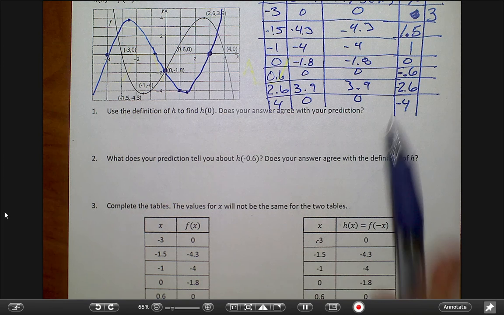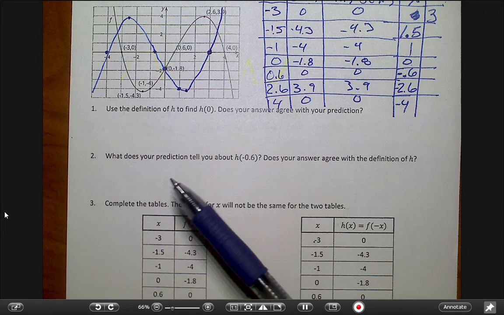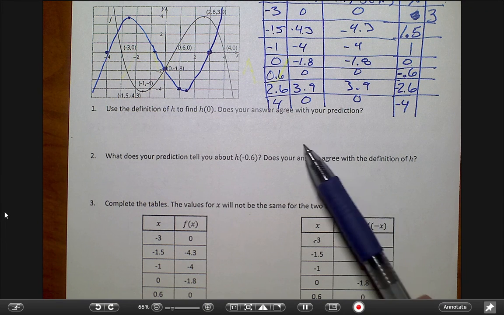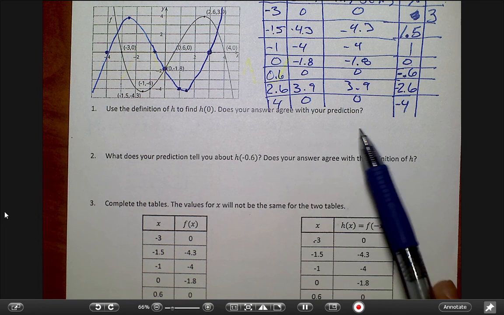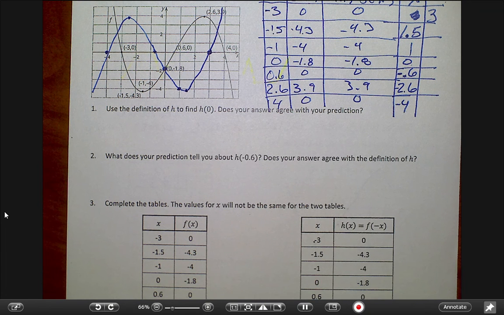Because we did the table first, this actually answers all of these. Instead of guessing, we actually went through and did each thing first.